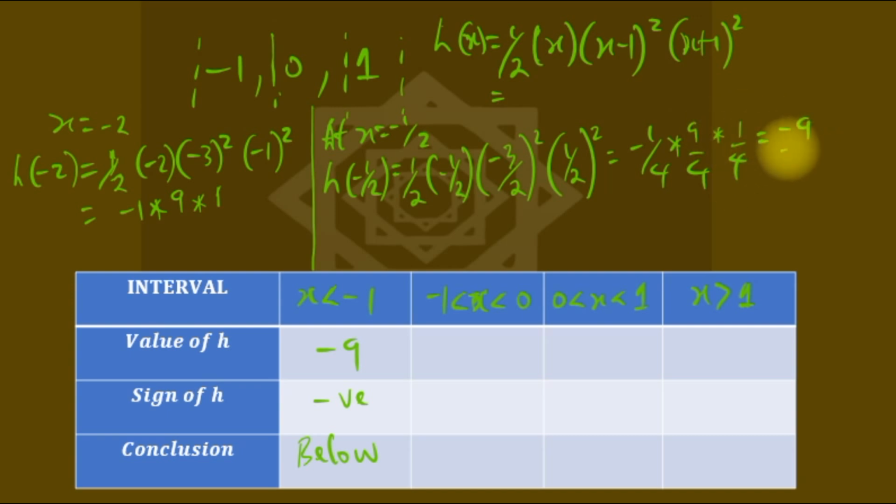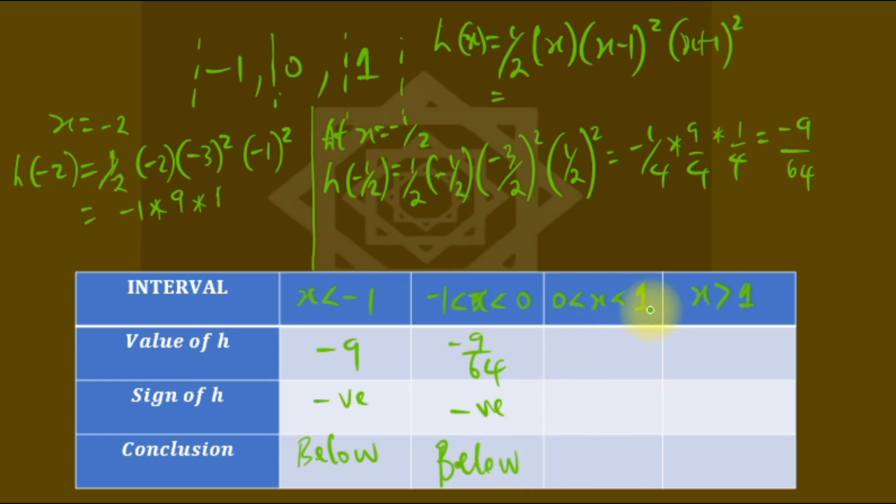So I get minus 9/64, and it is negative. Let's check: this is positive, this is positive. So it means that it must be below the x-axis.